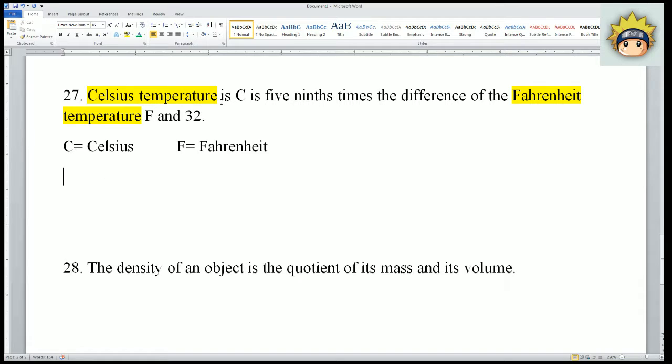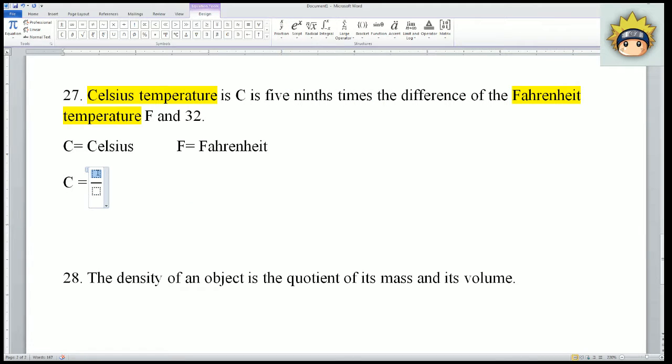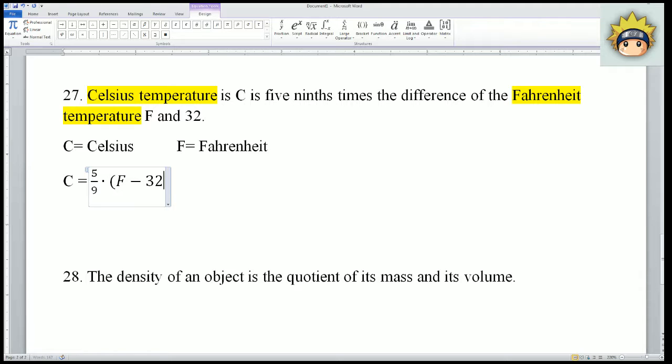So it says C is 5/9, so 5 goes on top, 9 is on bottom, times, that's your multiplication, the difference of the Fahrenheit and 32.